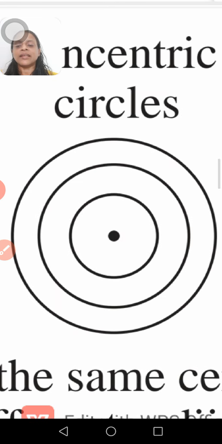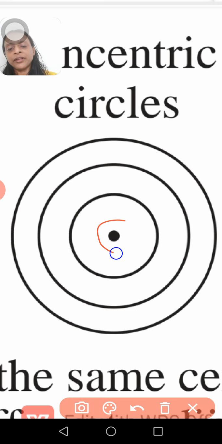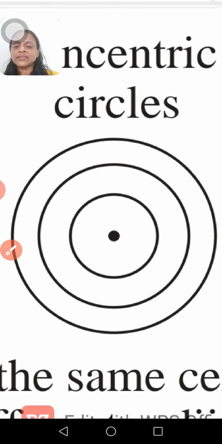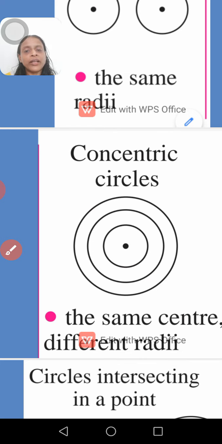You can see that this point is the center for the first circle, and the same center for the second circle and the same center for the third circle. But here this is the radius, here this is the radius, and for the third one this is the radius, but the center is the same. That means concentric circles have the same center but different radii.